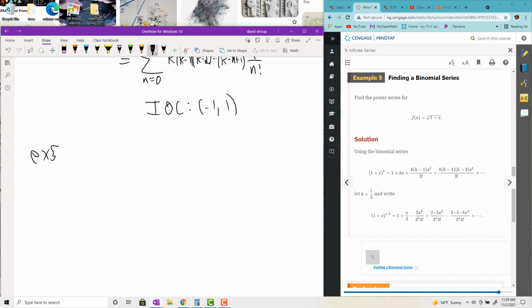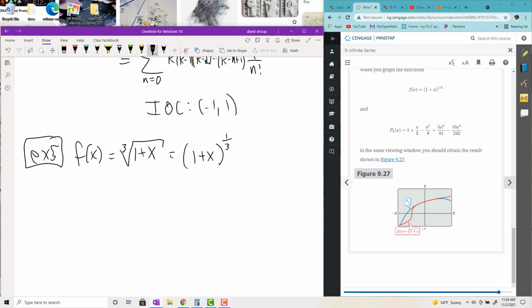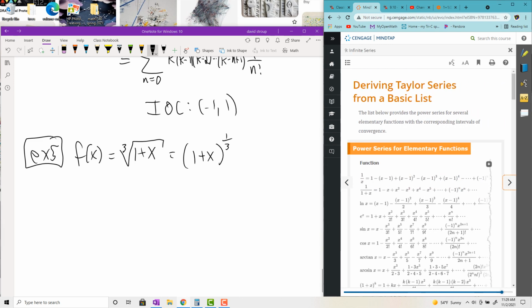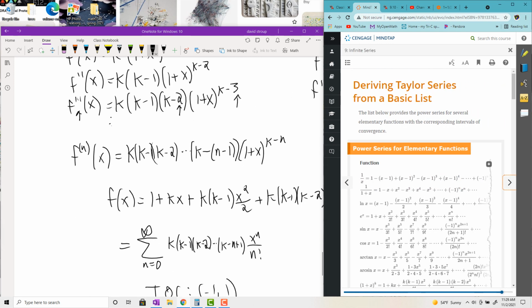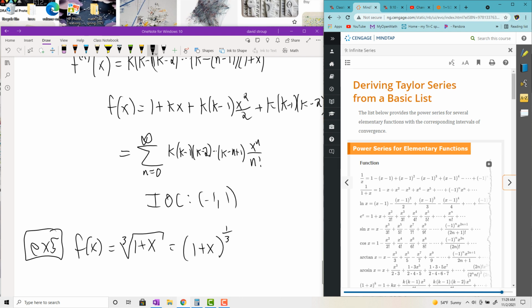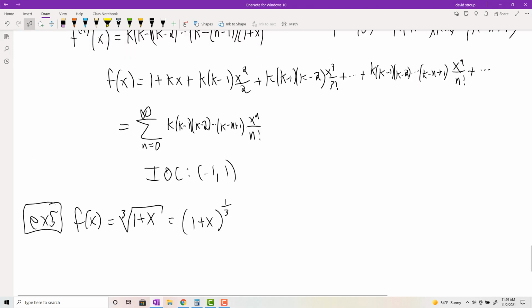So example 5, we have f(x) equaling the 5th root. I think that says 5th root. No, it says 3rd root. Okay, so whatever. The 3rd root of 1 + x. So this is basically just (1 + x)^(1/3), right? So you'll be able to just replace k with 1/3, and you'll have your Taylor series.